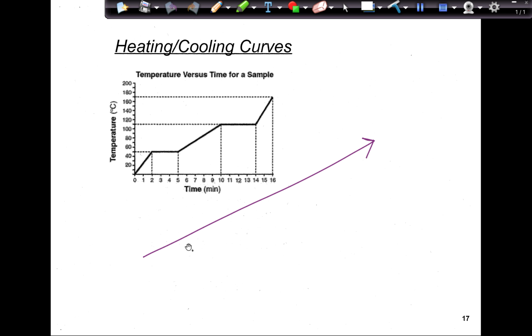For heating and cooling curves, this one is going uphill. So this is the endothermic curve. Any phase change on this curve would be endothermic. This is my solid, my liquid, and my gas. That means that this is melting and this is boiling.